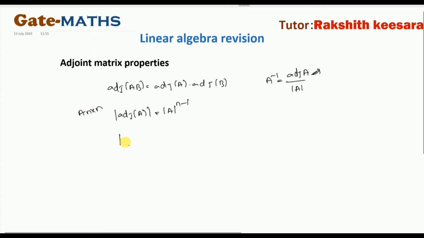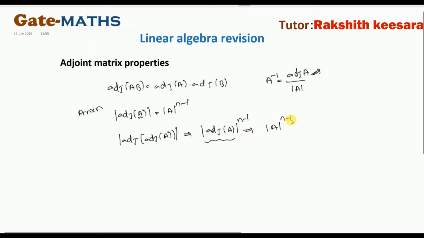Now, if you see the det of adjoint of adjoint A, what we are doing is substituting adjoint A in place of A. Now I can write this as, in place of A I am substituting adjoint A, power n minus 1. Det of adjoint A will again be det A power n minus 1.